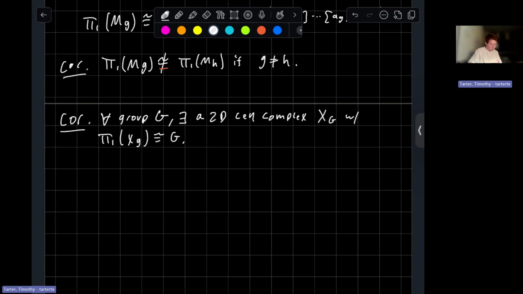So I'll say exercise one. Don't worry, I'll write these all up on the screen. Exercise one because it played a role in a proof that we did today. Exercise two is a good corollary of Van Kampen.